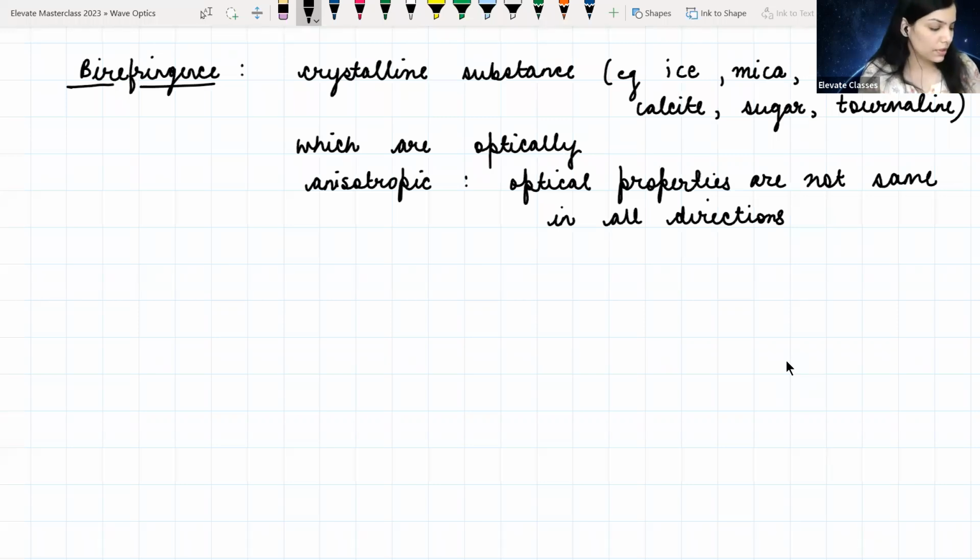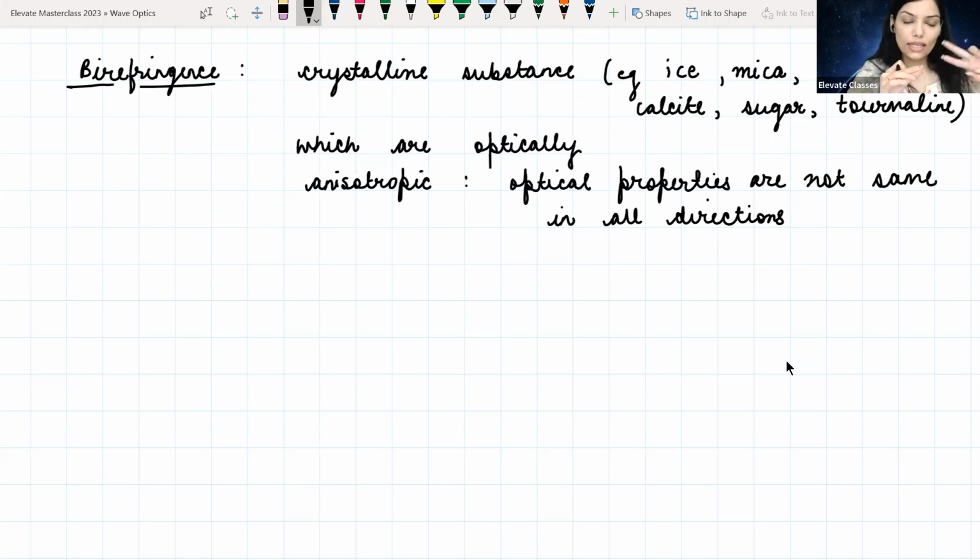What happened was that this person, Erasmus Bartholinus, was the first to observe this. If you take a glass slab and incident a small beam of light on it, you get only one image on the other side. But he observed that if he took a calcite crystal and light was incident on it, on the other side he observed two images.